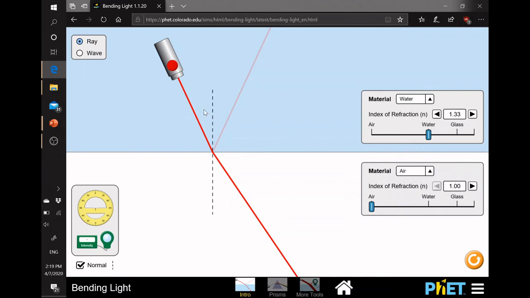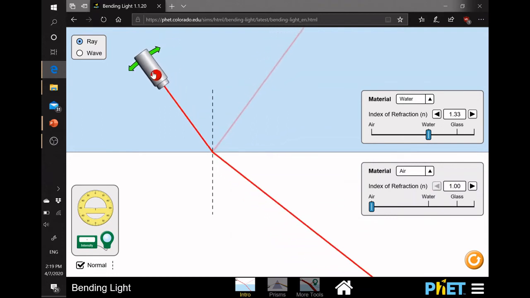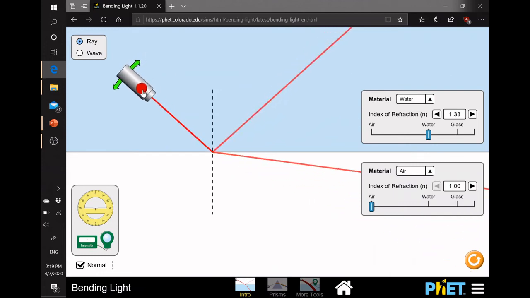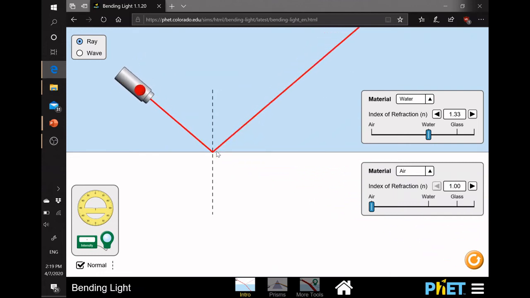The angle of incidence is this angle right here, and when the angle of incidence is small, you get the picture that you expect. Light crosses over the boundary, it refracts. In this case, it refracts away from the normal, and some of the light reflects. Now, if I increase the angle of incidence, at some point, you will see that that refracted light disappears entirely. Essentially, it travels parallel to the boundary, and at that point, the light is just totally reflected inside of the water surface.